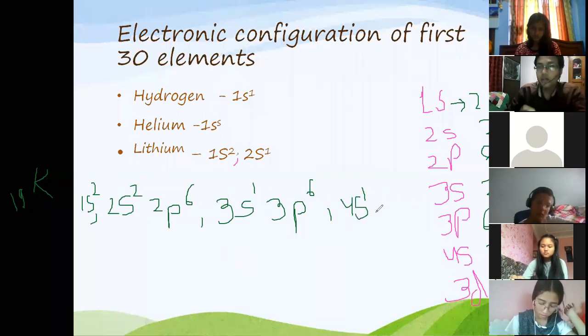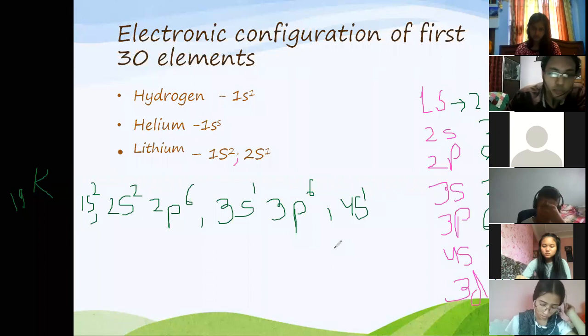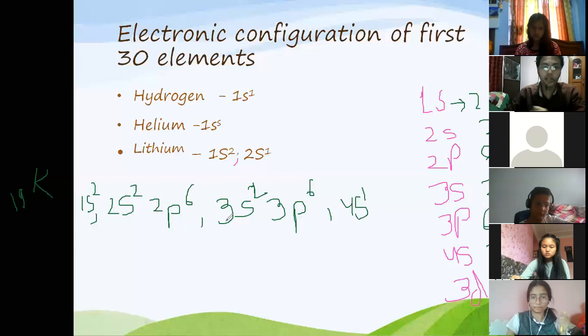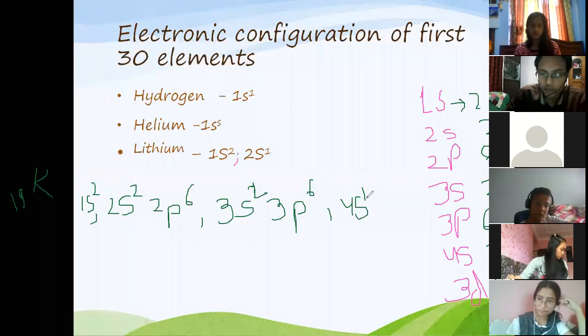That's the configuration of potassium. You can add: 2 plus 2 plus 6 plus 2 plus 6 plus 1, that is 19. 19 electrons are adjusted in this way.